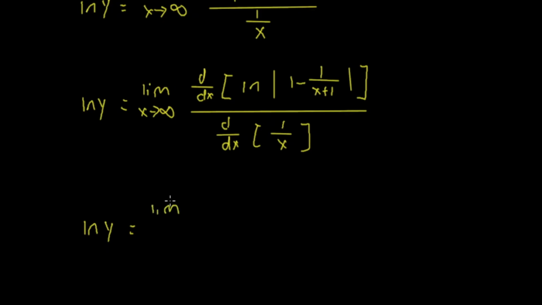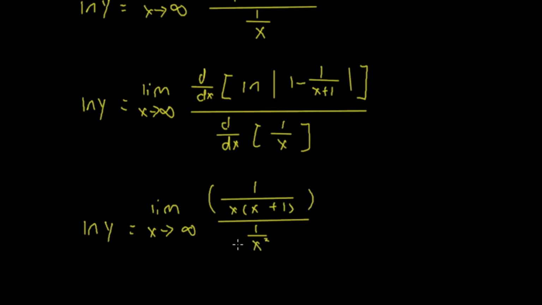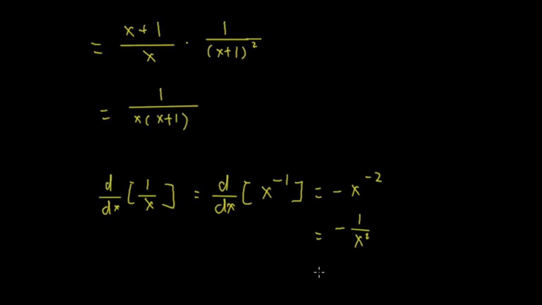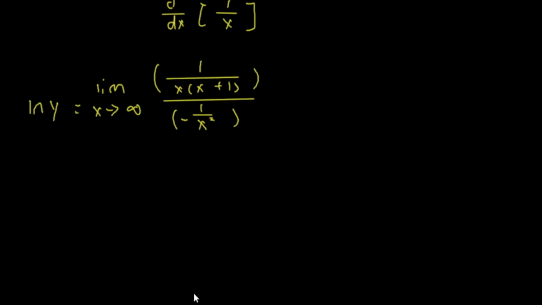That's equal to the limit as x approaches infinity. The top here will be 1 over x times x plus 1, right? Divided by 1 over x squared. Like this. Oh, there's a minus sign here. Okay. Just like this here, right? There's a minus sign here. Okay.